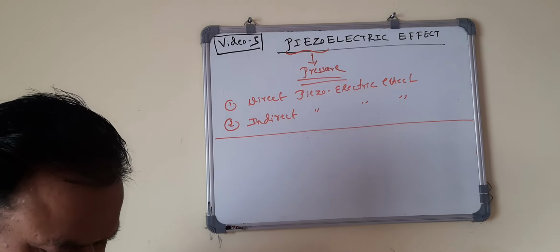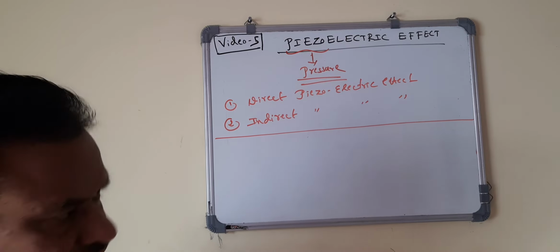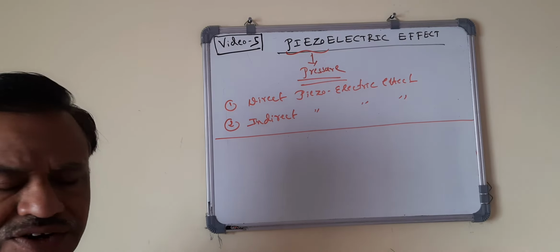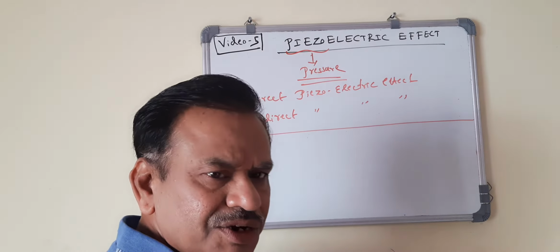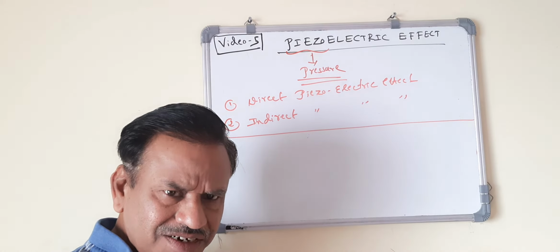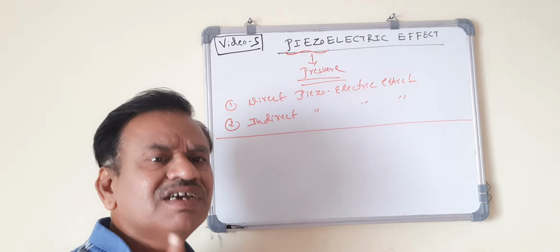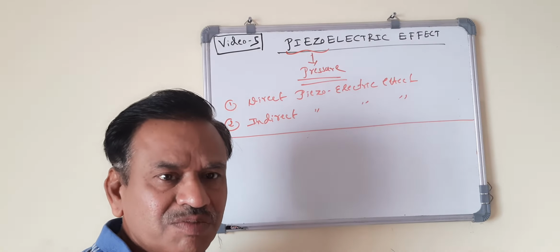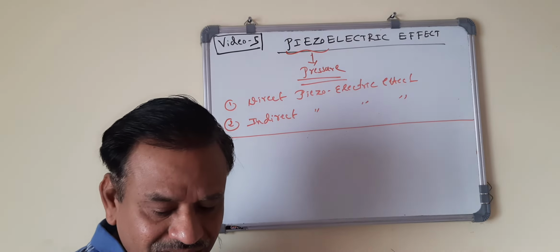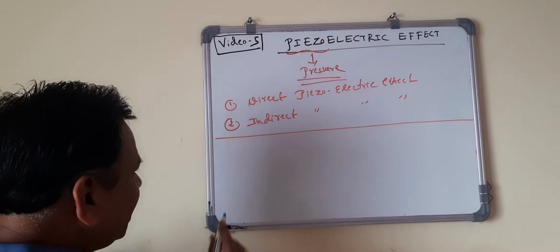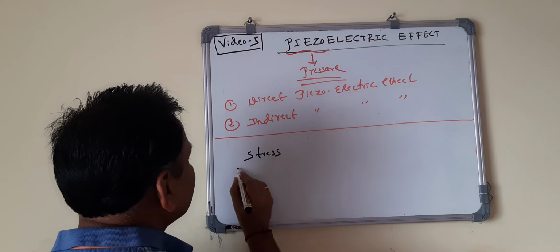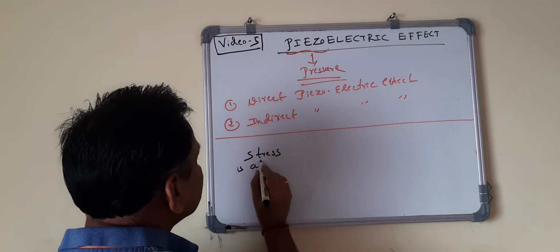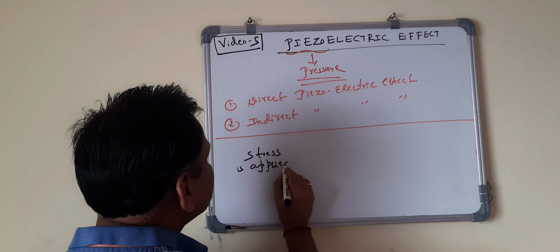I'll give you a very good example for the piezoelectric effect: your lighter. Do you know that with the lighter, when you press it at the end, a spark arises? There, stress is applied on the crystal.